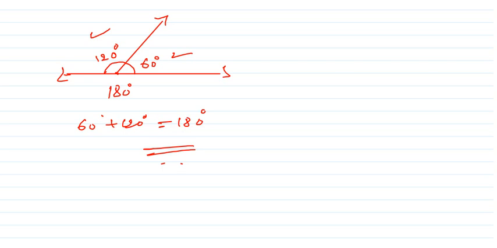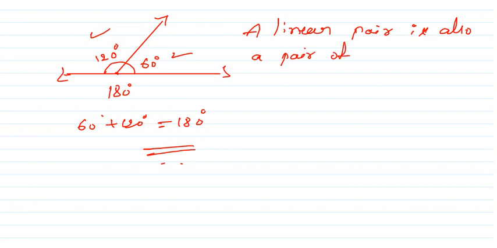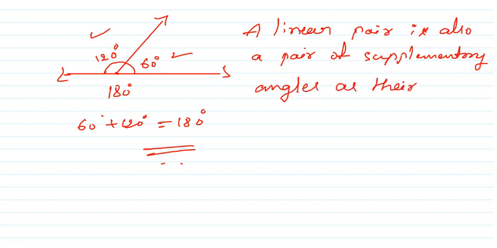A linear pair is also a pair of supplementary angles as their sum is 180 degree. Clear?